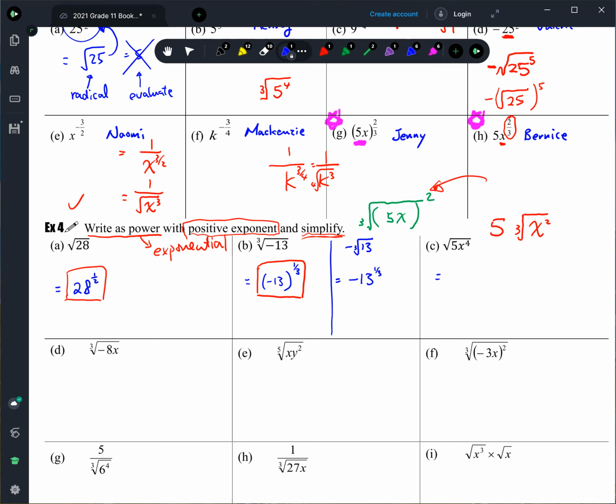Anybody? It kind of looks like the last question, G and H, right? Has a 5x. Any volunteer? Okay, I'll give you a little bit more time to try it out.